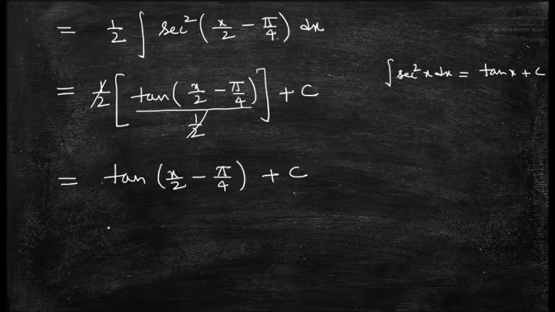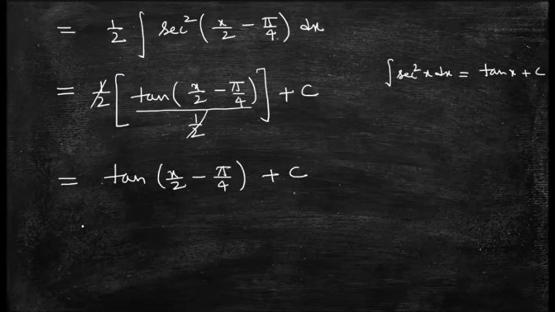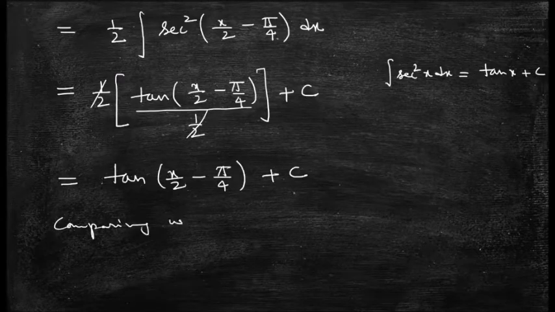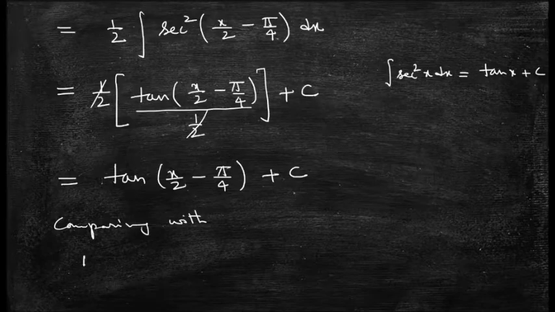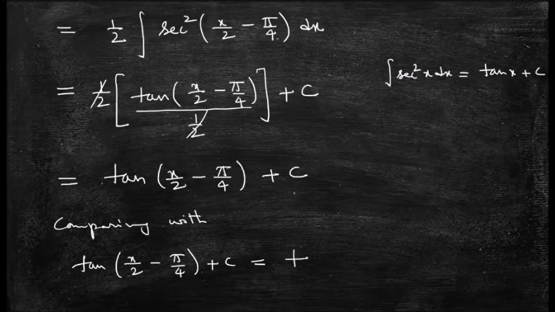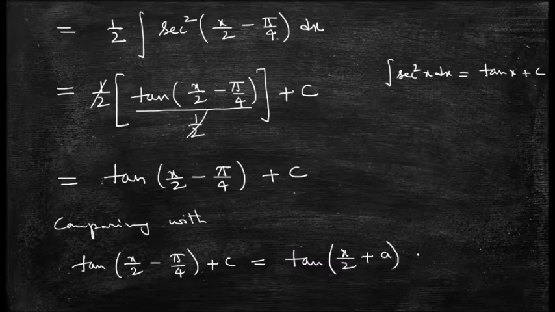We are left with tan of x by 2 minus pi by 4 plus c. But according to the problem, he gave some comparison. So we can write it by comparing: tan of x by 2 minus pi by 4 plus c is equal to tan of x by 2 plus a plus b.